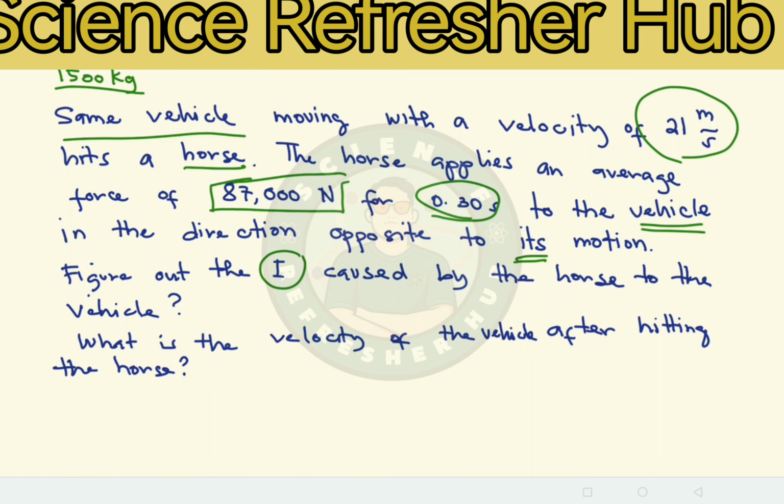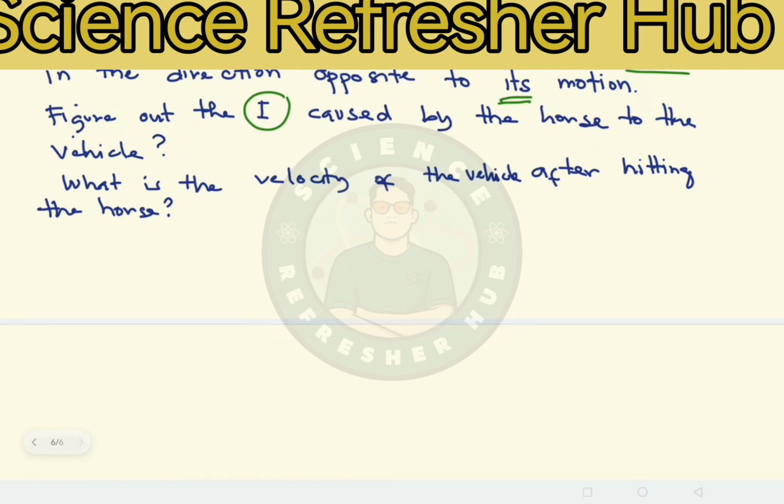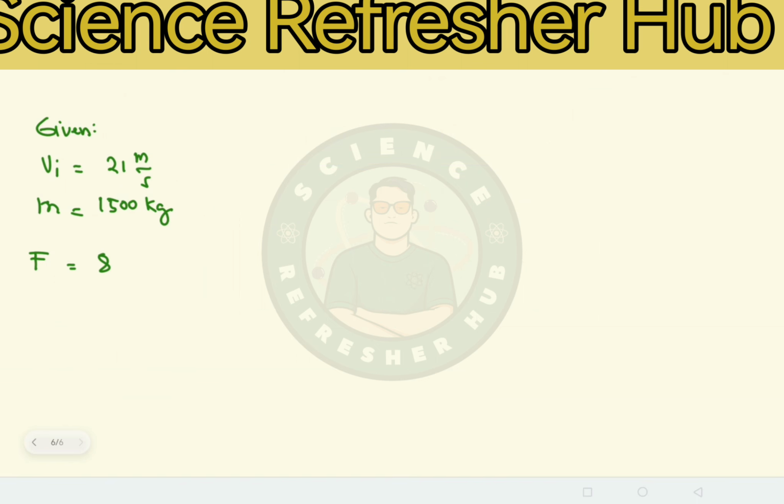Okay, so we have two problems to solve this time. So we have our given, so that I will not forget. The initial velocity of the vehicle is 21 meters per second. The mass of our vehicle is 1,500 kilograms. Force of 87,000 newtons.